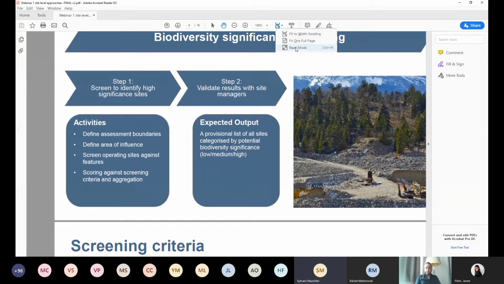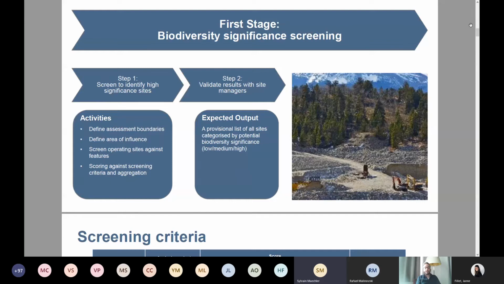So the first stage, as I said, is this biodiversity significance screening. What we do here is we take a number of global data sets and we screen the sites using these data sets to identify the potential significance. So this starts with defining the assessment boundaries in terms of how many sites within the company's portfolio will be included.